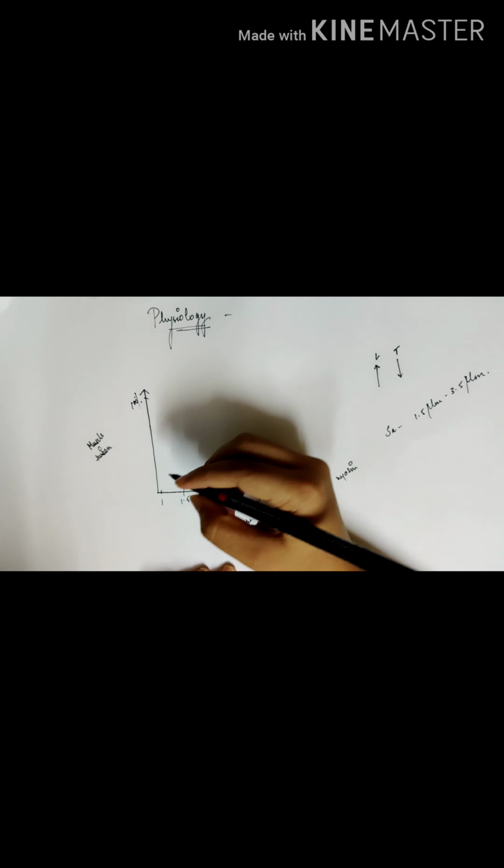Now plotting the graph, the length tension relationship graph shows like this. Now this area shows an exponential increase in tension with relationship to the length, and here the sarcomere length differentiates.